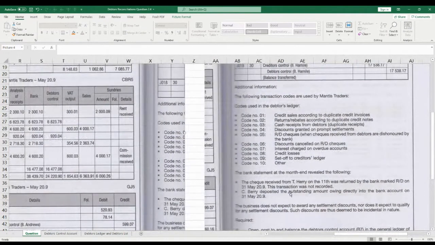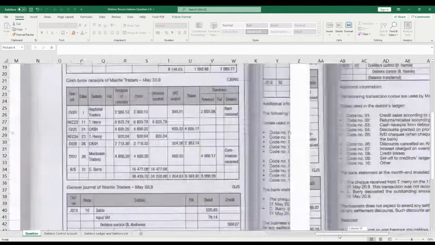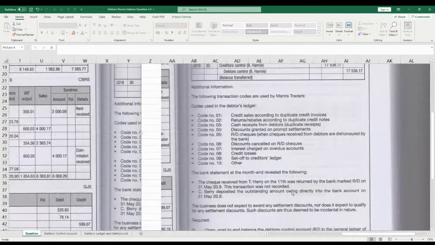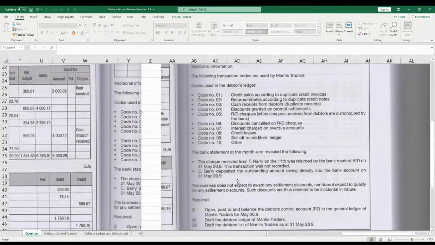So remember, an RD cheque would generally go to cash book payments. Let's quickly see the deposit for Seaberry. There's the deposit for Seaberry, so Seaberry would already be included. It's just the RD cheque that was returned that would generally be shown on your cash book payments journal, which is not shown in the information. So the first entry would need to be adjusted for.